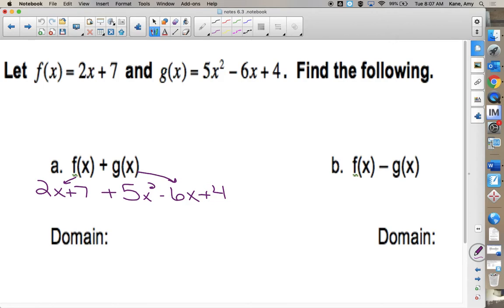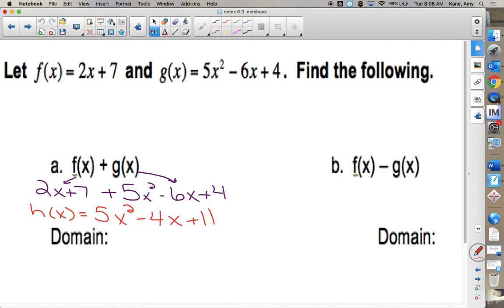So now it's really just using different notation. So Peter, if you add those together, what do you get? 5x squared minus 4x plus 2. So my new function h of x is equal to 5x squared minus 4x plus 11.